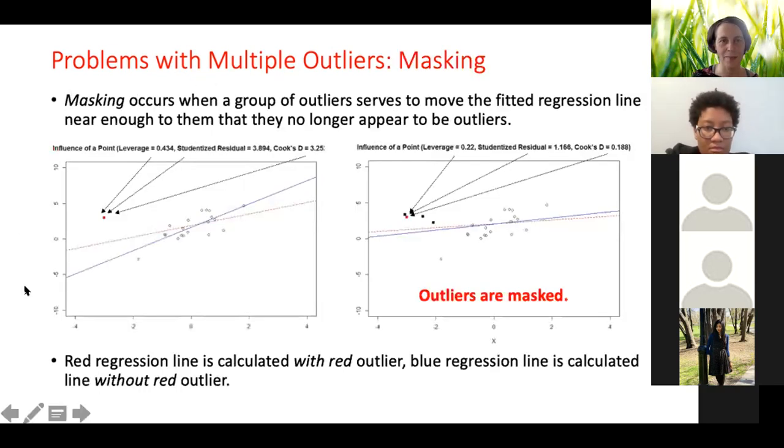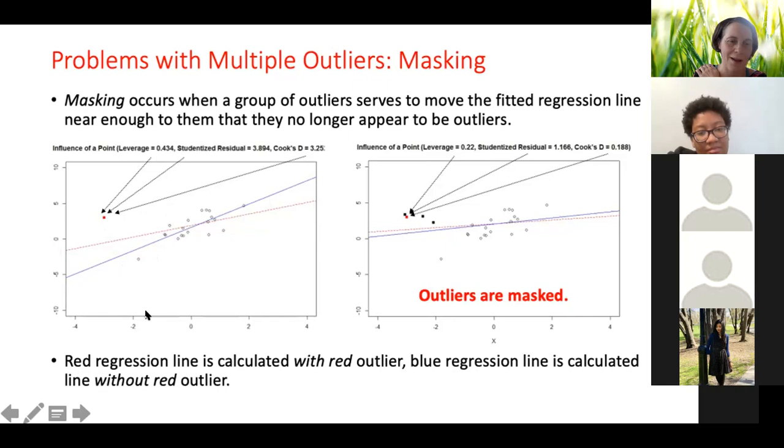So the first problematic effect that can occur when we have multiple outliers is called masking. Masking is when a group of outliers serves to move the fitted regression line near enough to them that they no longer appear to be outliers. Here in these graphs, this red point is one outlier. The blue regression line is calculated without the outlier, and the red regression line is calculated with the outlier.